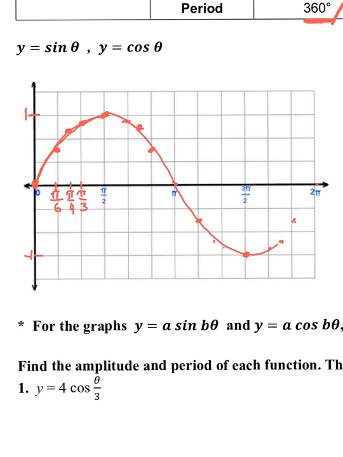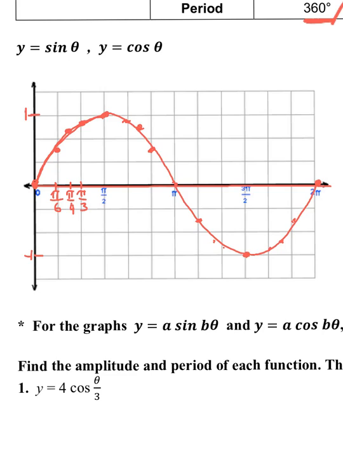So again, I'm just following those coordinates on my unit circle. And instead of having my angle go around in a circle, my angle is actually going out on this straight line, the x-axis. Okay, and then after that, it starts repeating itself. So that is considered one period of the sine function.